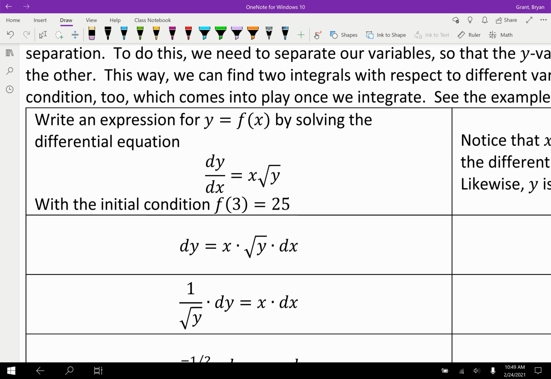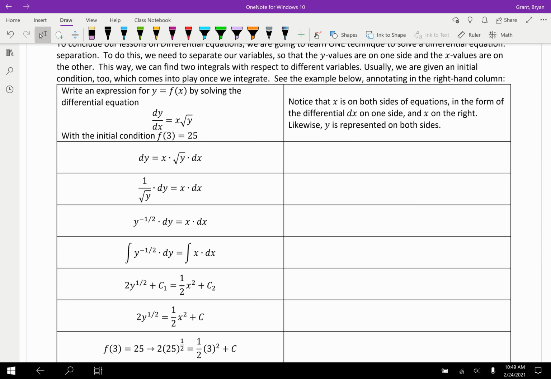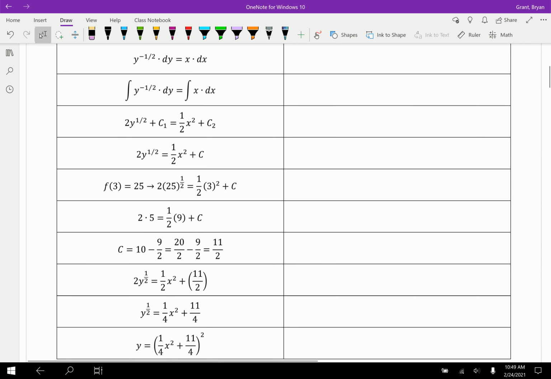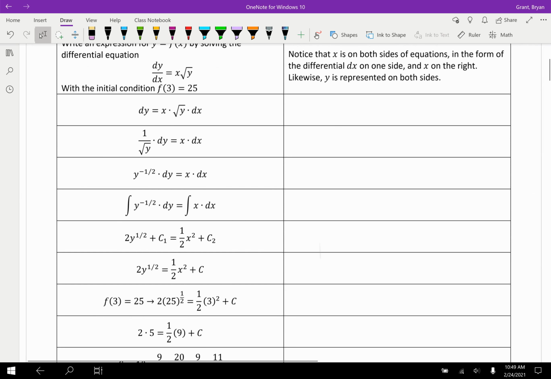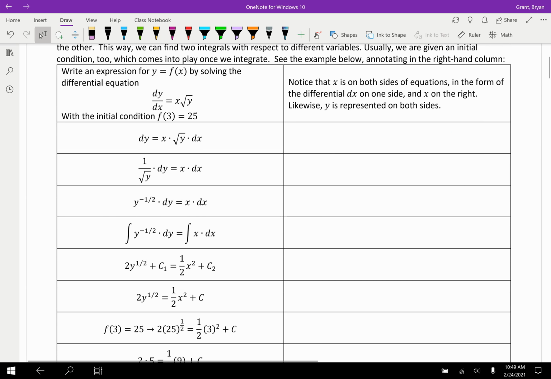So what I'd like you to do right now, please, is pause this video and work through your notes, because I've actually shown all of the work on this left side. And you might say, wow, that's overwhelming. It's because I showed more steps than you would probably show. But what I'd like you to do is on the right side, go through and annotate or explain how I went from one step to the other.